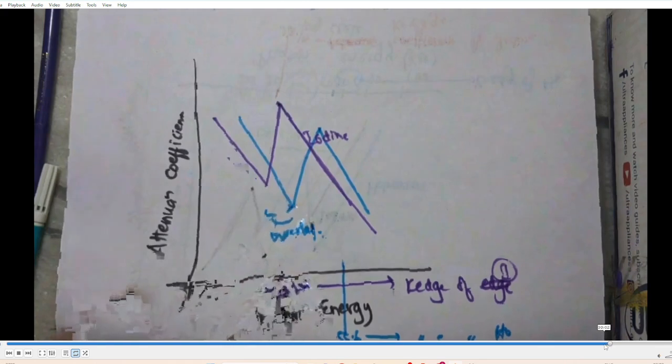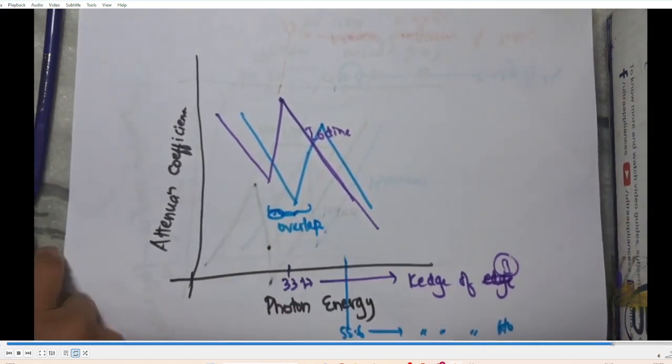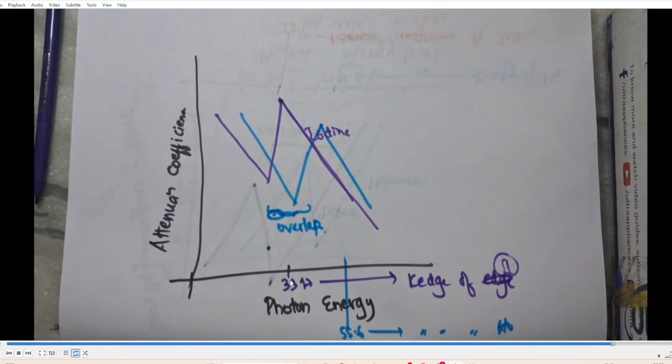So this is the overlap window between 33.7 and 55.6 where the iodine has maximum attenuation and holmium has maximum transmission. So the overlap window of around 20 kilo electron volt affords improved contrast when imaging iodine and barium when the X-ray beam is filtered by a heavy metal filter compared to aluminium filters.